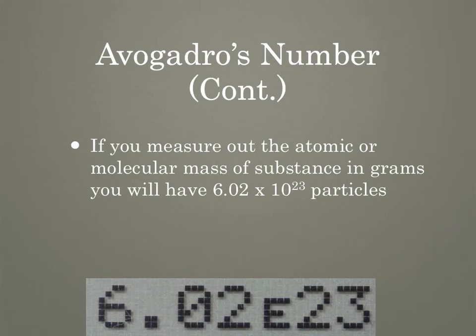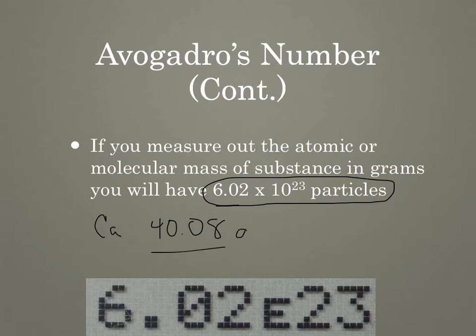All right, so if you measure out the atomic or molecular mass, depending if we're talking about atoms or molecules, of a substance in grams, you always have this many particles. Assuming that you could measure it out perfectly, that's what you have. So for instance, if we're talking about calcium, the atomic mass of calcium is 40.08. So if you measured out 40.08 grams, on a periodic table those are AMUs or Daltons, but if we did it in grams, then we would have this many particles.